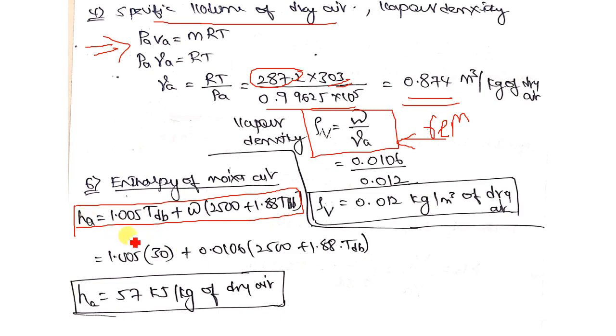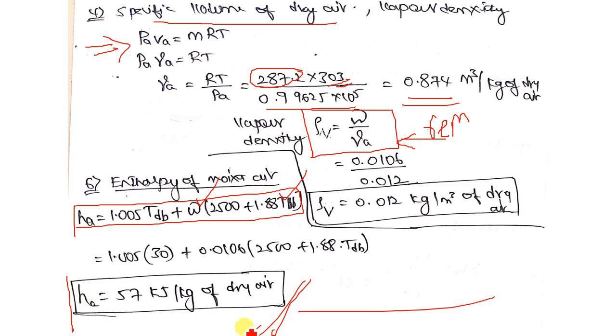You know the value of TdB and the specific humidity. Substitute and you will get the specific enthalpy of the moist air as 57 kilojoules per kg of dry air. So this is how you solve problems on properties of psychrometrics.